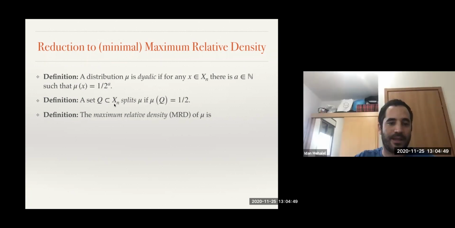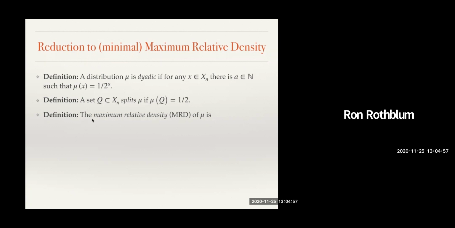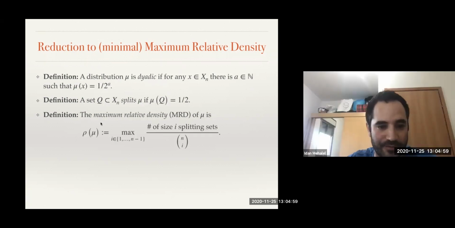Okay. Thank you. So the maximum relative density, which we call in short MRD of mu, is defined as follows. It is denoted by rho of mu, and this value is defined as the number of size i splitting sets over all subsets of size i.